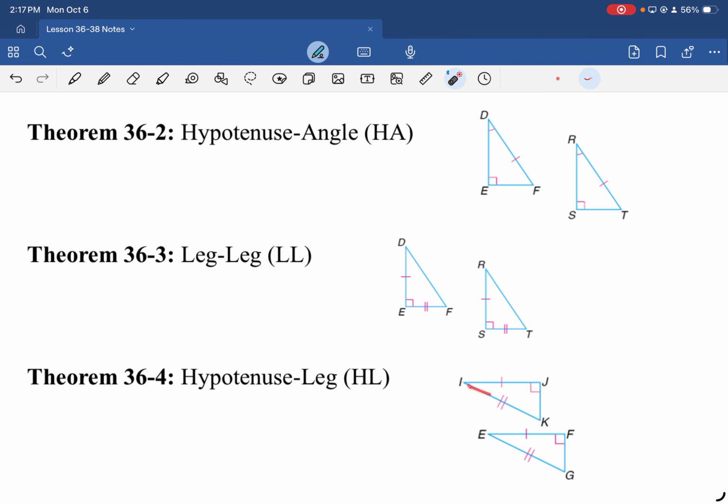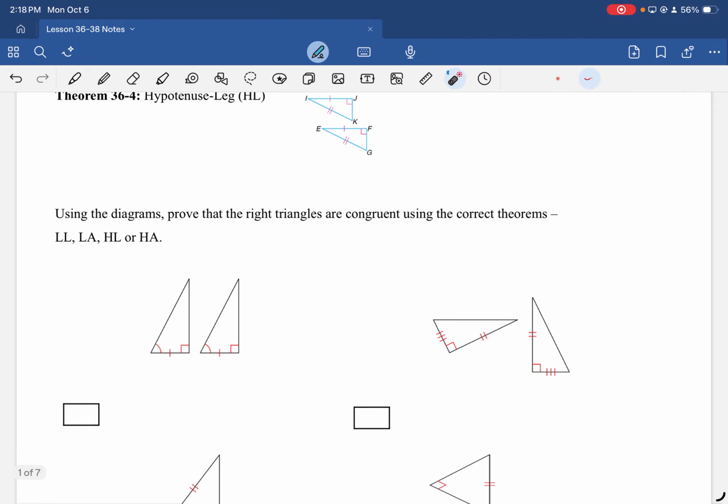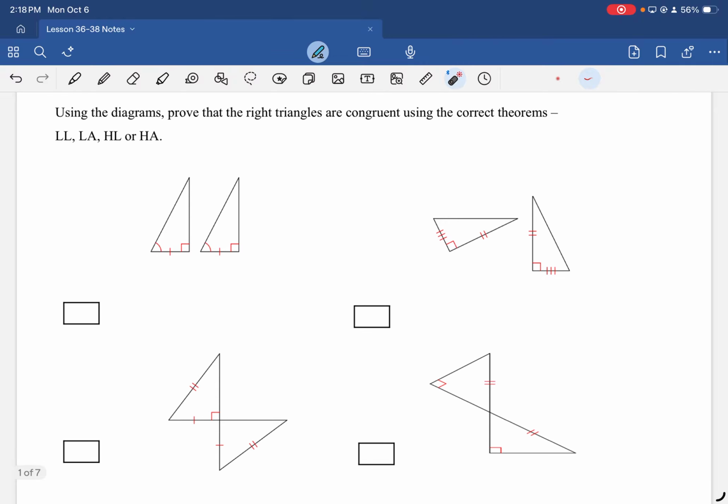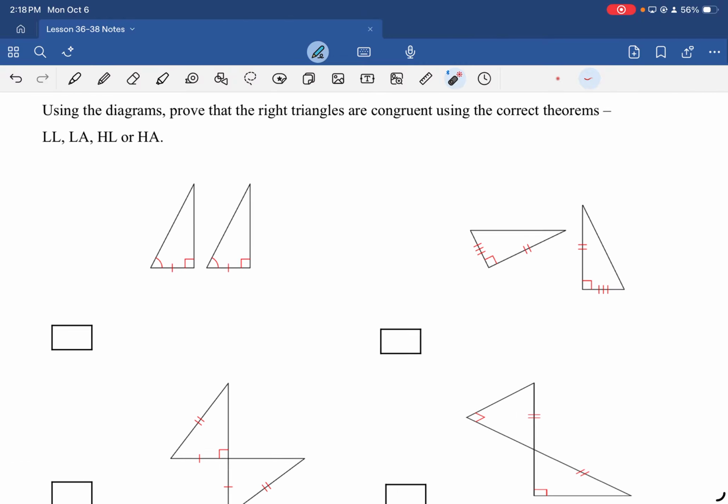So the hypotenuse and the leg of one triangle congruent to the hypotenuse and the leg of another triangle. And again, these only have to do with what kind of triangle? Okay, so let's practice a few, and then you will do some on your own.